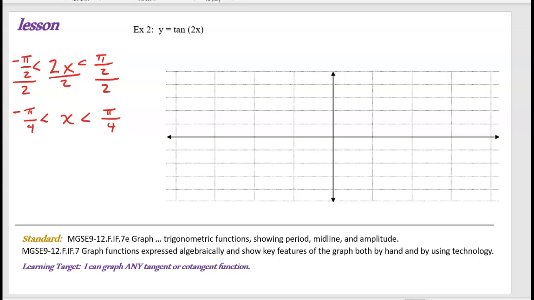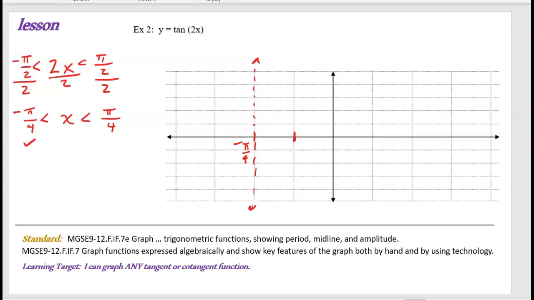Now, negative pi over 4 to pi over 4, I have to split that into 4 intervals. So I'm not going to call this negative pi over 4. If you do, you're just going to have a really small graph kind of squashed in there, which is fine. You know, some of you have really small handwriting and much neater handwriting than I do. So I'm going to go 2 intervals to the left and call that negative pi over 4 and sketch.